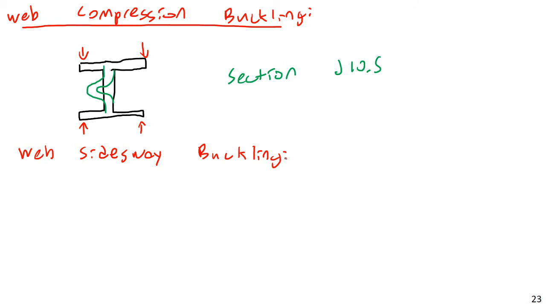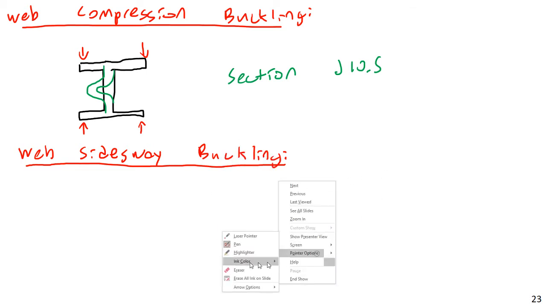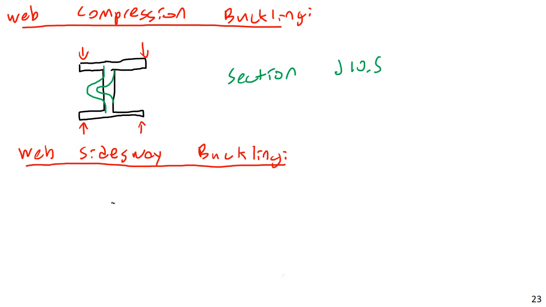Web side sway buckling. Usually this is only going to occur if you have a very heavily braced compression flange, maybe a fully braced compression flange, like say it's embedded within a large concrete slab, or it has shear studs all the way along, that kind of thing.